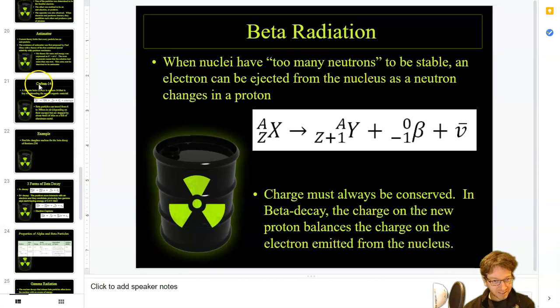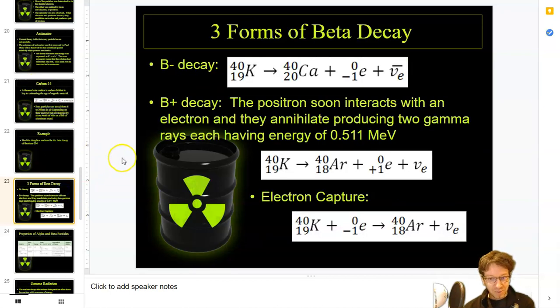Okay, I'm going to come back to carbon-14 later, but we have other forms of beta decay. So like I said, you could have a neutron change into a proton and emit an electron, but you could also have a proton change into a neutron and emit a positron. Right? Again, charge is being conserved. A proton which has a +1 charge becomes a neutron which has no charge.